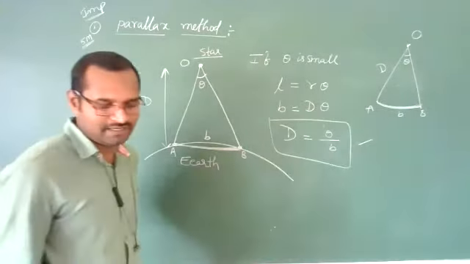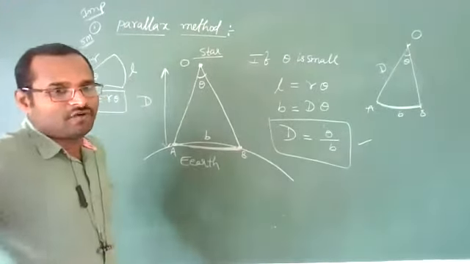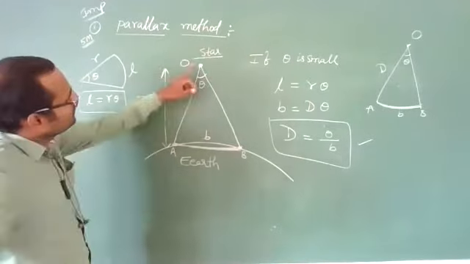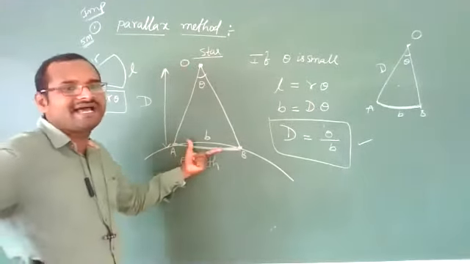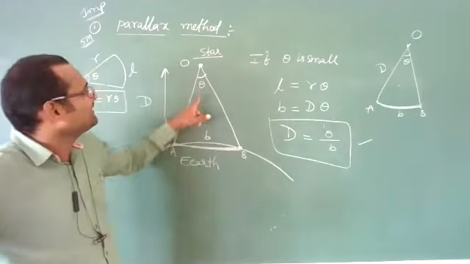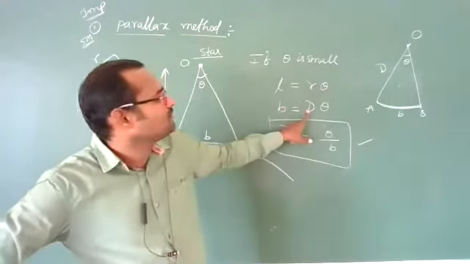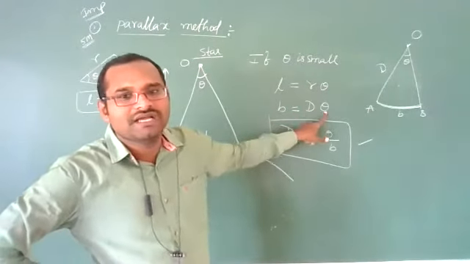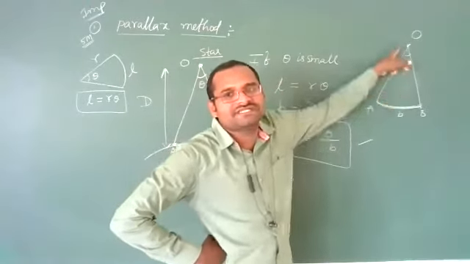Okay? Now, this is the star. From points A and B we are observing. This is the basis, b, and this is theta. It is similar to this. It can be written as b is equal to D into theta. We want capital D, the distance of this star or planet from the earth.